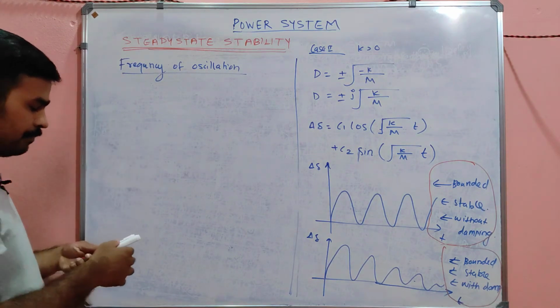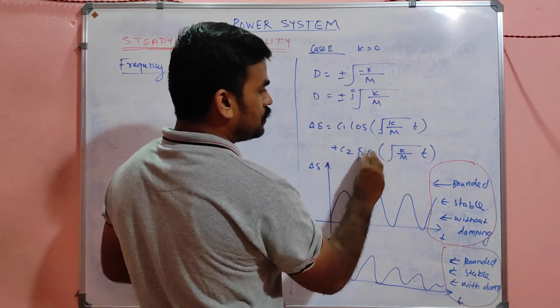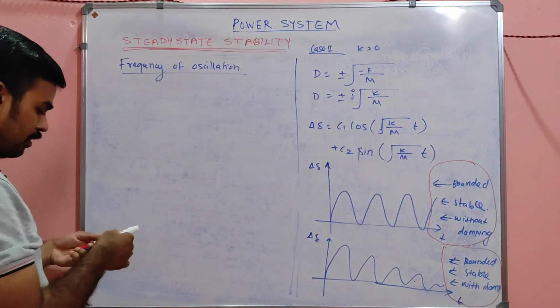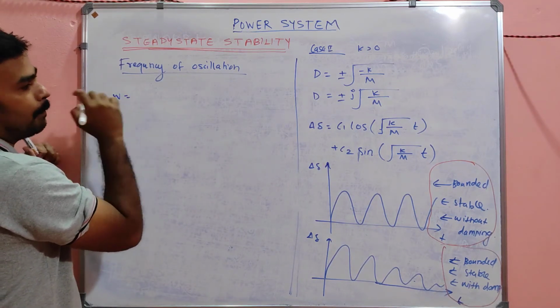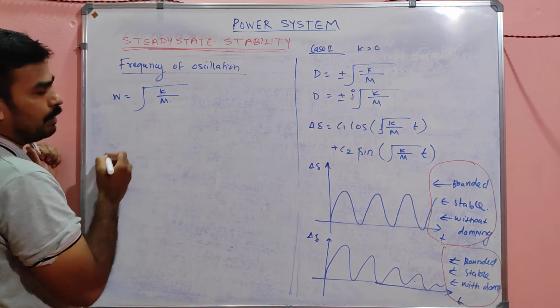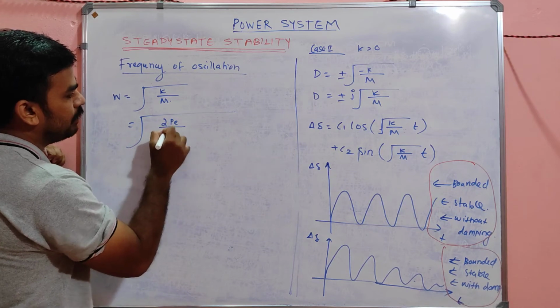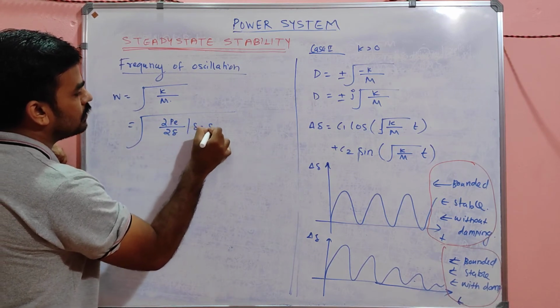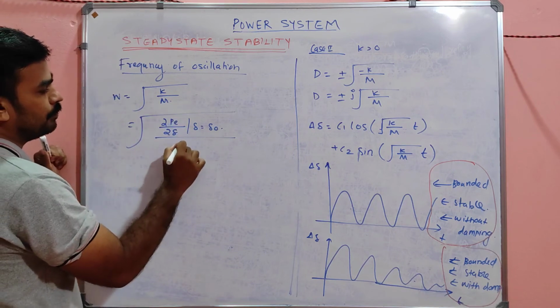So listen, frequency of oscillation. The solution will be in the form of C1 cos omega t plus C2 sin omega t. Then what will be omega? Omega is nothing but root of k by m. Then what is k? k is dou P divided by dou delta at delta equal to delta 0, divided by m.